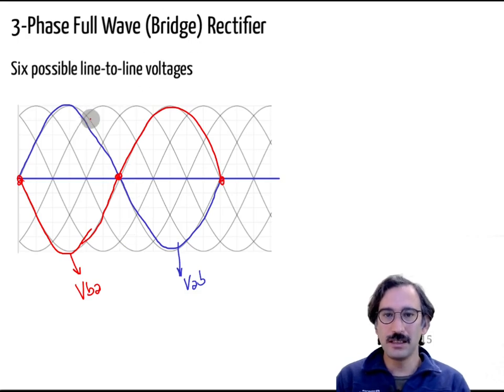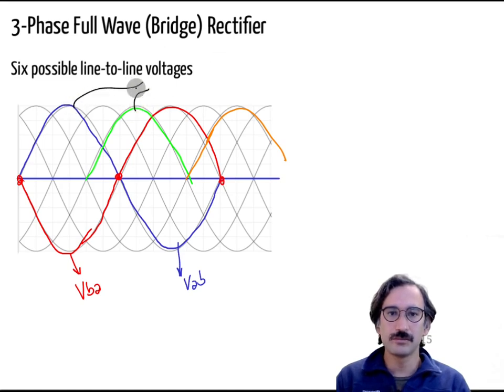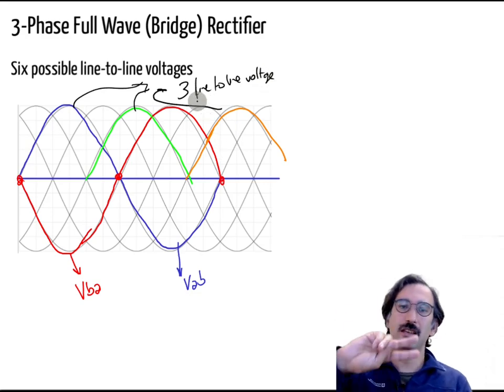And actually here what you see is, let me use different colors. So for example, that one is the other phase, 120 degrees shifted. Let me use the orange. So that one is the other one. So we have the three phase or 3 line to line voltages, plus the inverses of those things.